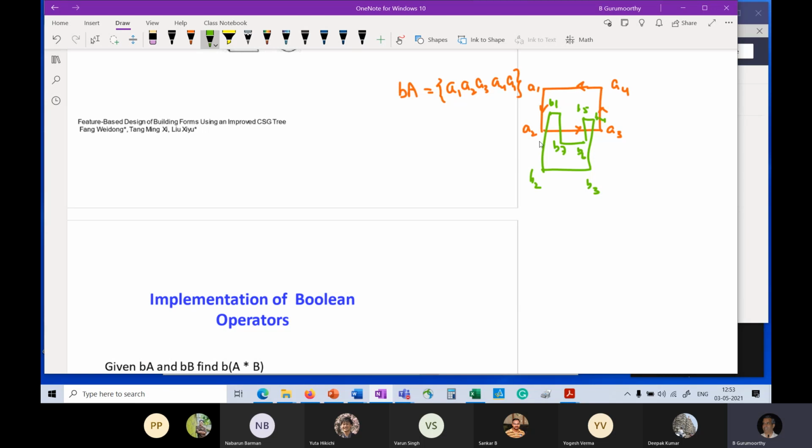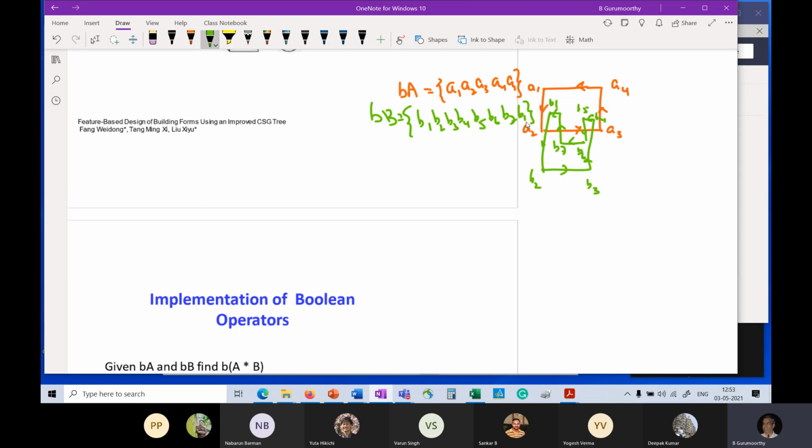And therefore, the boundary representation must look like this to be consistent, right? And therefore, the boundary of B then is B1, B2, B3, and so on.